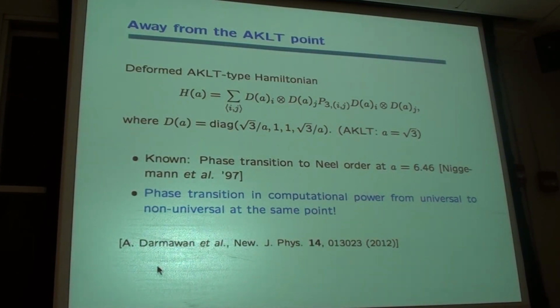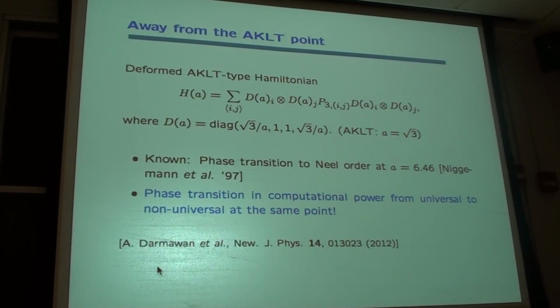And the funny thing is that they happen at the same point. So the physical phase transition coincides with the computational phase transition. This is a result that I think justifies talking about really extended phases and the phase diagram for the computational power of matter.